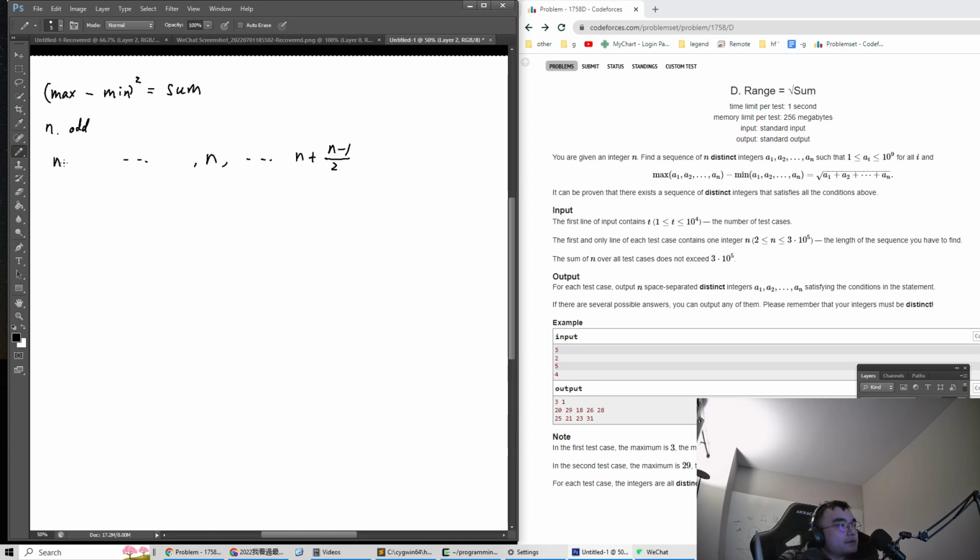The left side, sorry about this, the left side is this guy. So what is the left side value of this equation for this array?